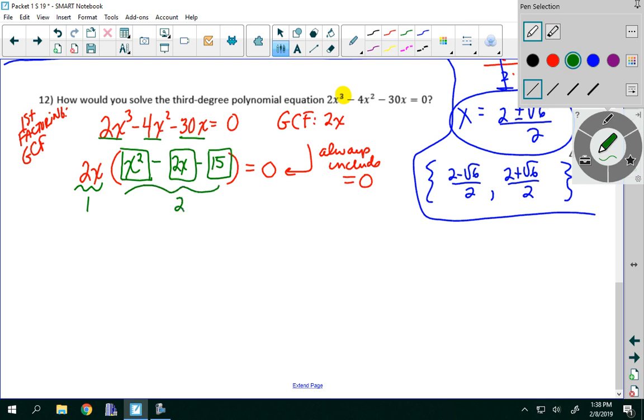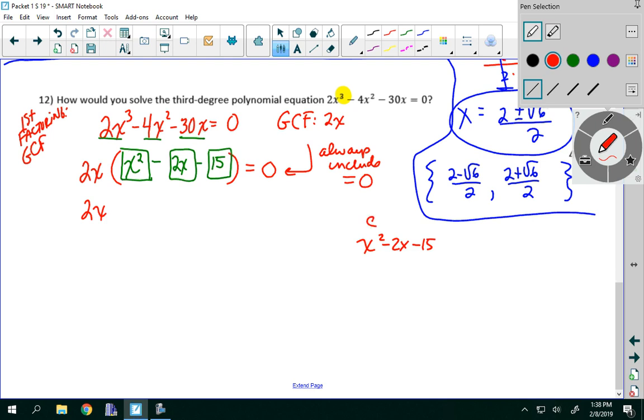Okay, but I really would like to see if I could factor this so that I would have 3 factors equal to 0. They would all be linear, and I could solve them really much quicker. So let's see if we can factor this expression. So over on the side here, I'll say x squared minus 2x minus 15.